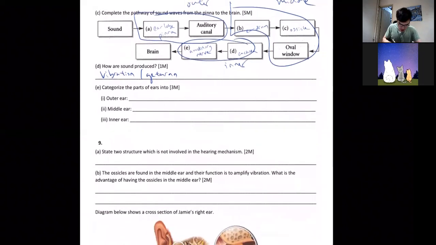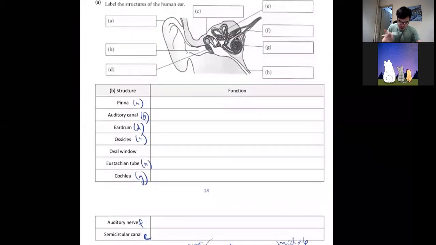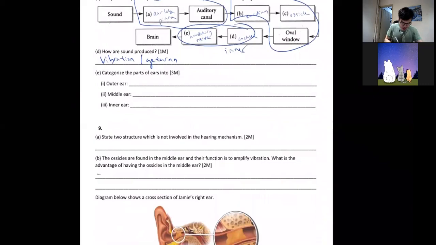So B, the ossicles are found in the middle ear, and their function is to amplify vibration. What is the advantage of having ossicles in the middle ear? Like I said, it's to amplify the sound, menguatkan bunyi, so that there's less sound energy loss, lebih kurang tenaga bunyi yang hilang.